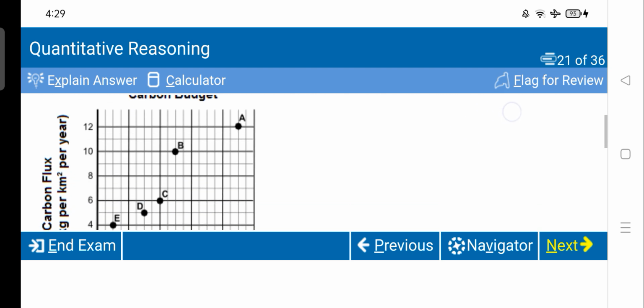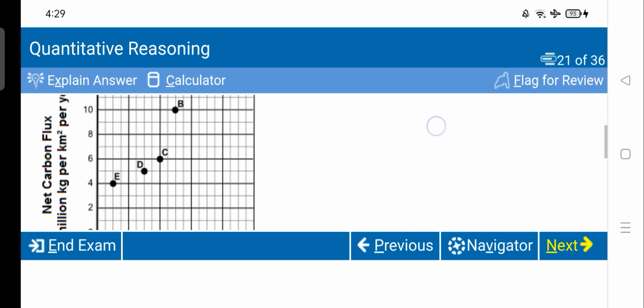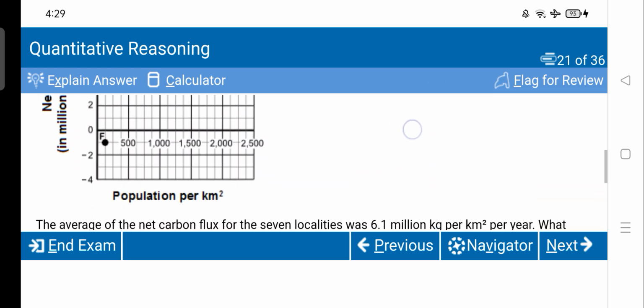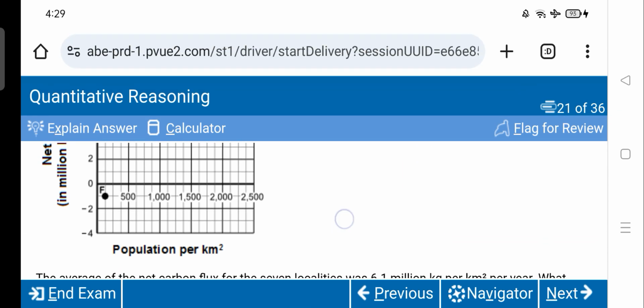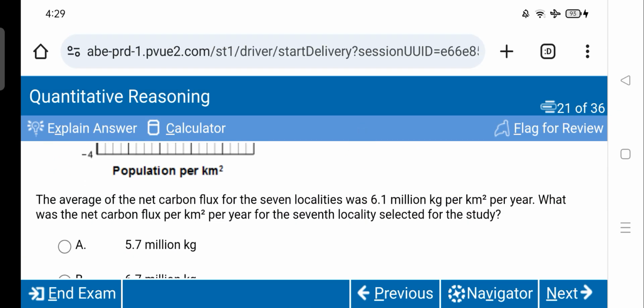So here we have a carbon budget, carbon flux in kilograms per year, and population per square kilometer. The question is: the average of the net carbon flux for the 7 localities was 6.1 million kilograms per square kilometer per year. So what was the net carbon flux per square kilometer per year for the 7th locality selected for the study?